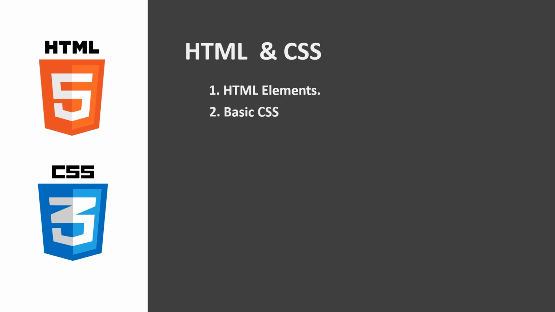These are the fundamentals you need to learn in HTML. Then move on to the basics. First, I need to tell how HTML works. HTML is a hypertext markup language. It only marks up, which means it is just giving instructions.